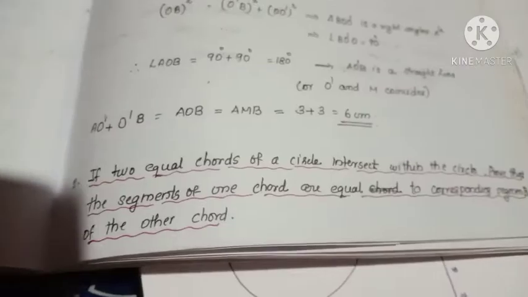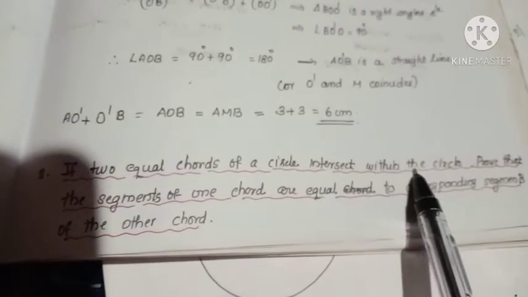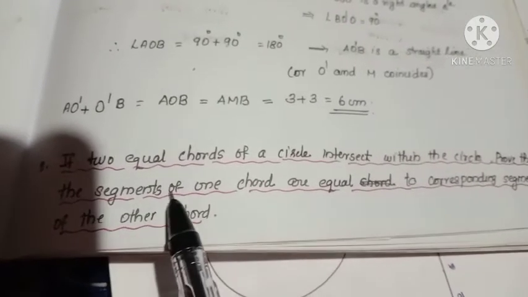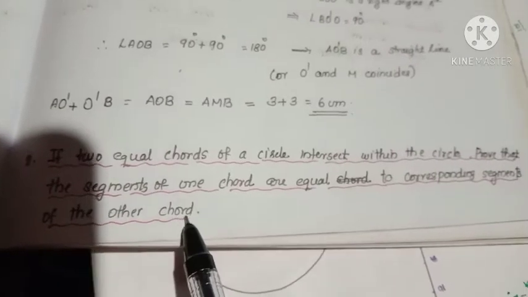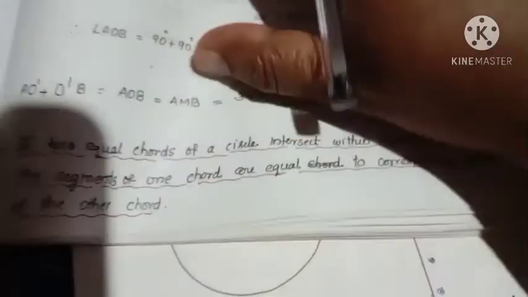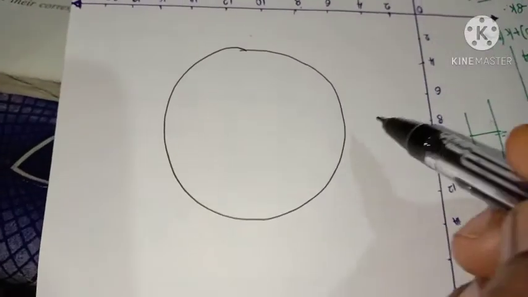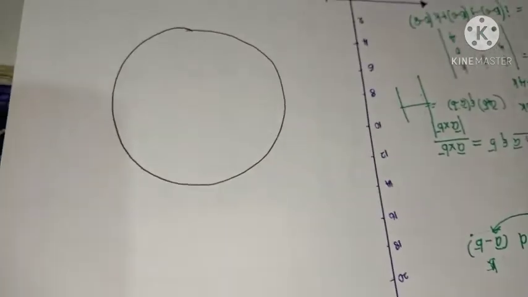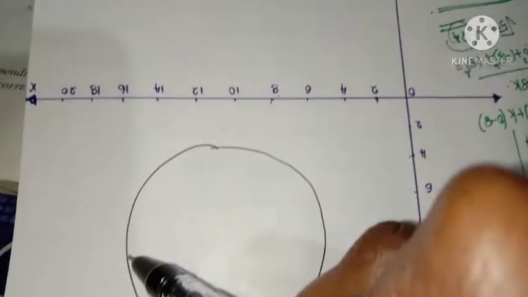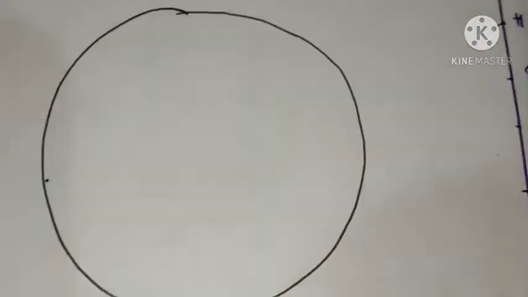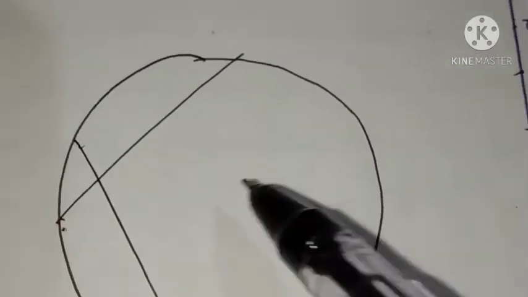See the second question. If two equal chords of a circle intersect within the circle, then prove that segments of one chord are equal to corresponding segments of the other chord. See the figure. This is the circle, and two chords are given, and these two chords are equal.